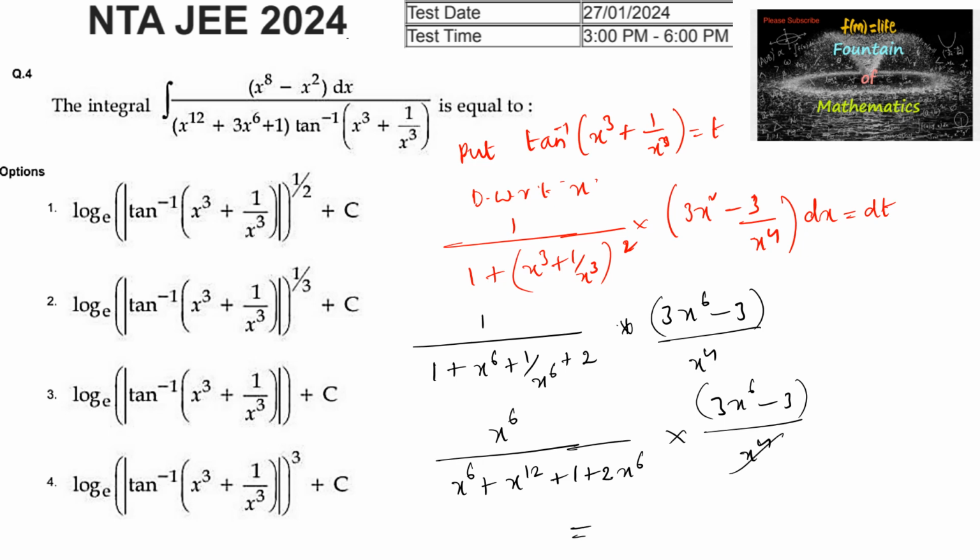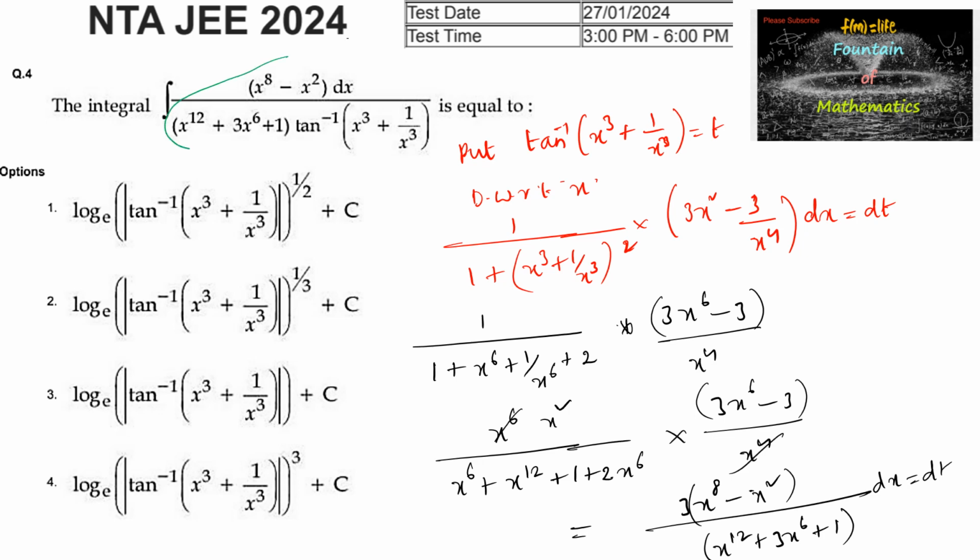So we can get here x^4 and x^2 times 3 into x^8 minus 3x^2, or 3 taken common, (x^8 - x^2) divided by (x^12 + 3x^6 + 1) dx is equal to dt. So here we can clearly observe that (x^8 - x^2) upon (x^12 + 3x^6 + 1) dx is equal to dt by 3.